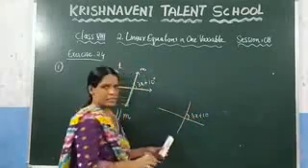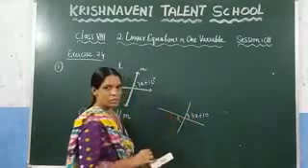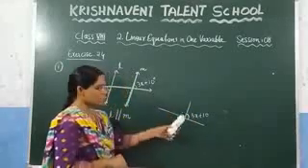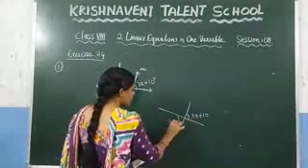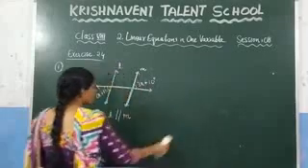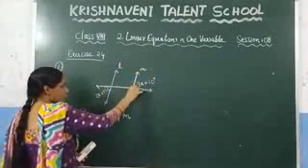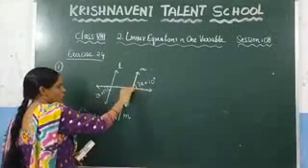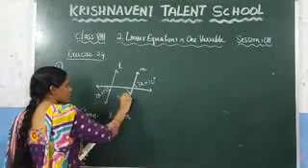In intersecting lines, vertically opposite angles are formed, and those two angles are equal. So if this angle is 3x plus 10, this angle is also 3x plus 10.